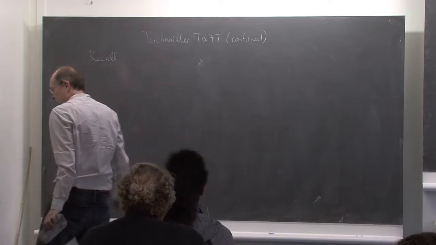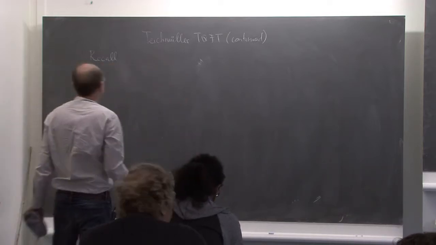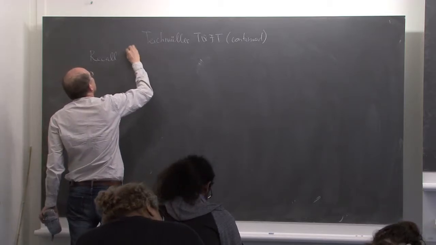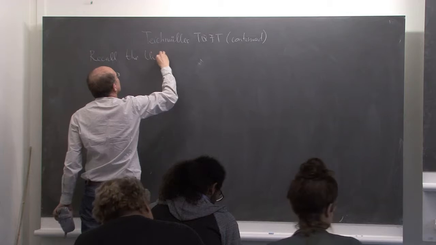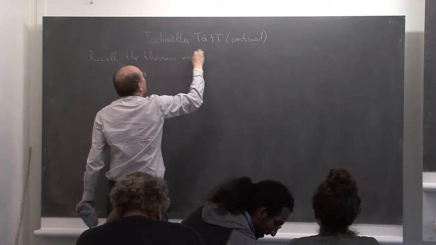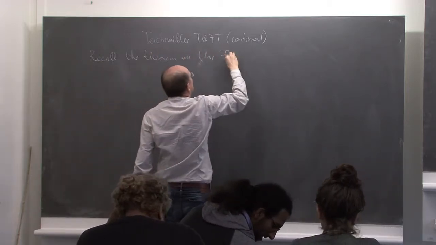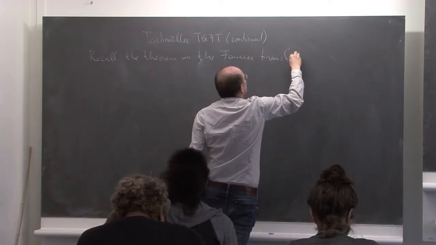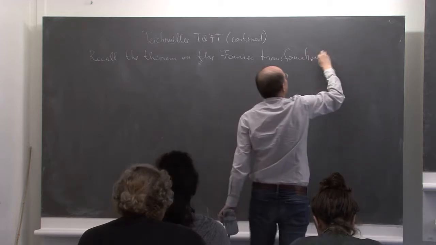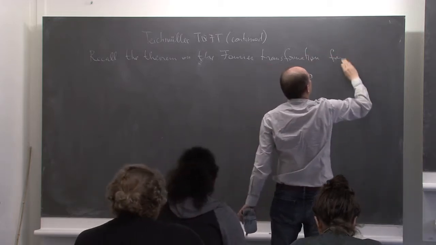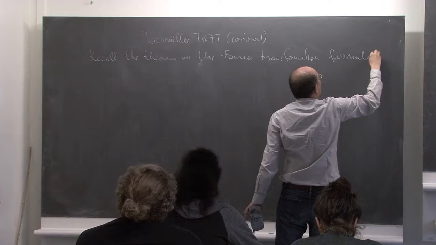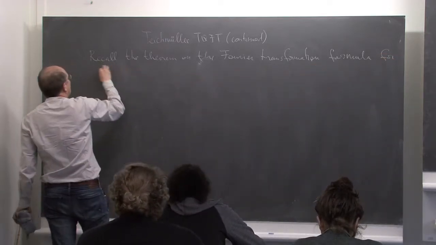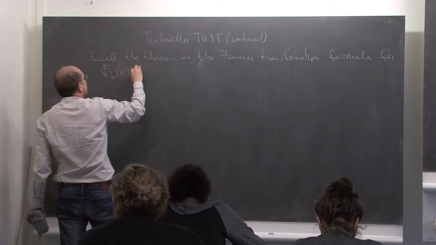So we were proving a theorem about the Fourier transformation formula for the Kashaev function. So recall the theorem on the Fourier transformation formula for phi b of x.